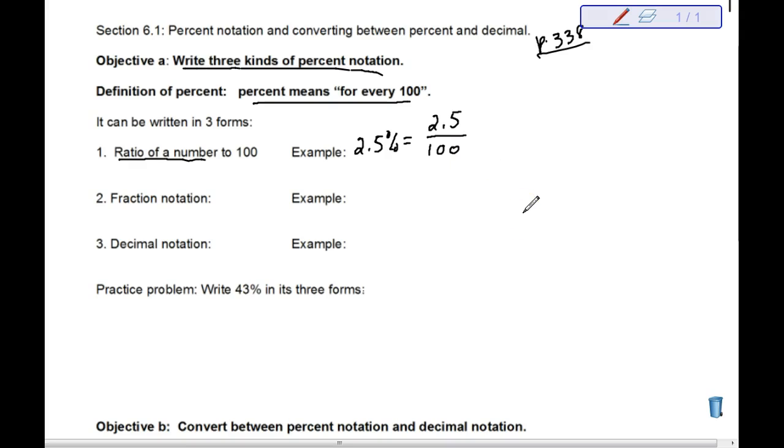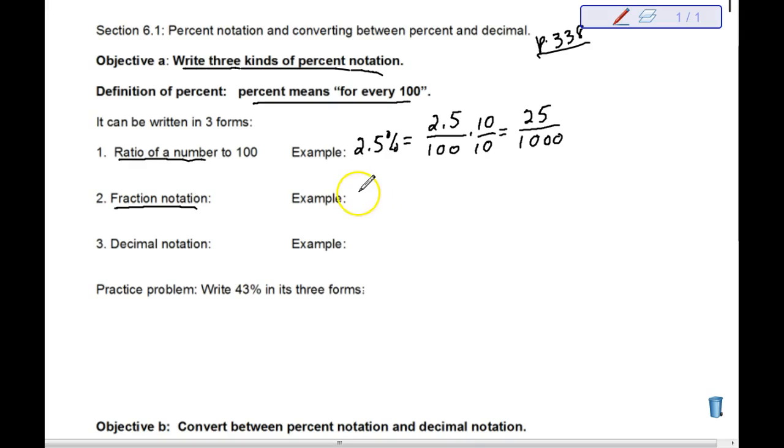Remember back in section 5.1, when we have a decimal point in our ratio, we need to clear that decimal out. So I'm going to multiply the top and the bottom by 10 and get 25 over 1,000. I could reduce that in its fraction form, but usually in a ratio we'll just leave it. So the simple beginning is that we're just going to take whatever the percent is, and it goes over 100 as a ratio.